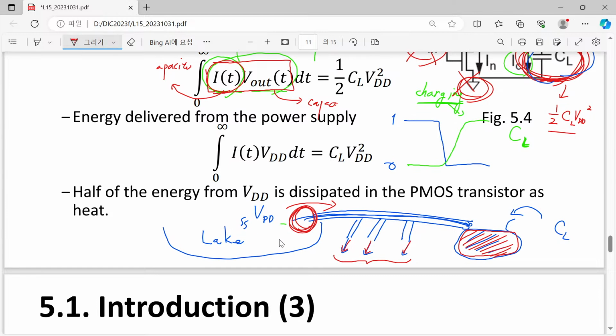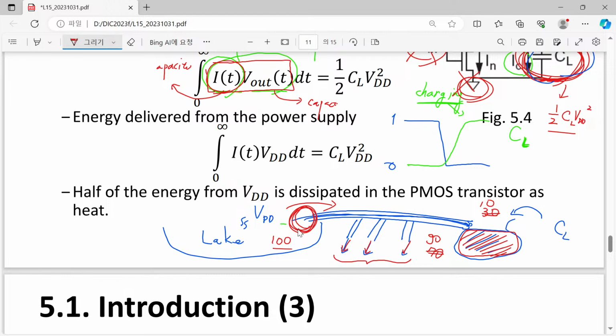So for example, I gave 100 and you get just 30. Then what happens? 70 is lost. I gave you 100 and you get just 10. What happens? Yes, in this case 90 is gone.